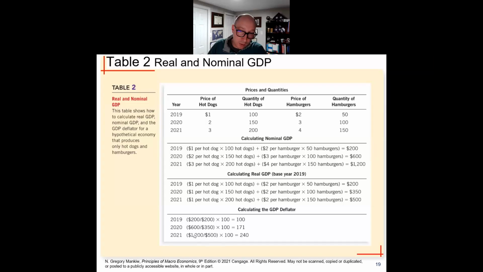In 2021, we see the value at 240% over 2019's numbers. See how that works? So it gives you an idea of how much the price is rising on particular goods and services over the course of the years, right? So yeah, it's big time. That's where they get this data from.